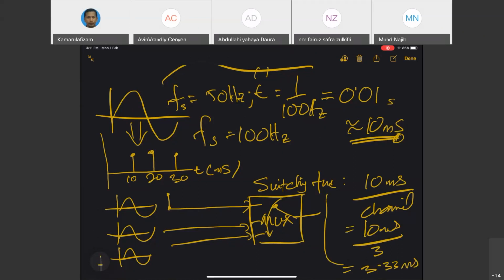So the switching time for the mux must be at least 3.33 milliseconds, because from this guy to this guy is 3 milliseconds, and this guy is 3 milliseconds, and then of course you want to go again. So that when you have the total of 3.33 each, you have 10 milliseconds. So that when the multiplexer spends time switching from one input to another, it has enough time to come back before the 10 milliseconds ends.